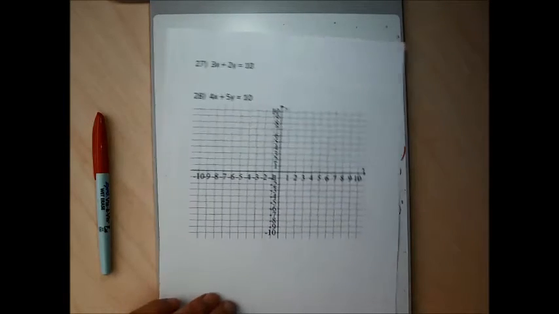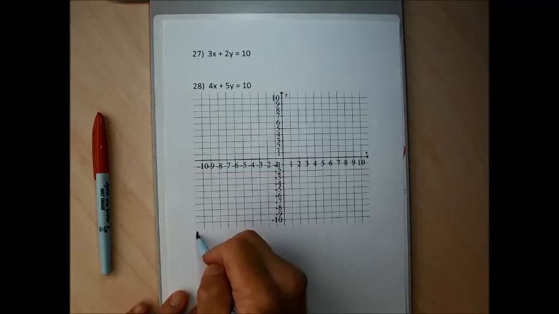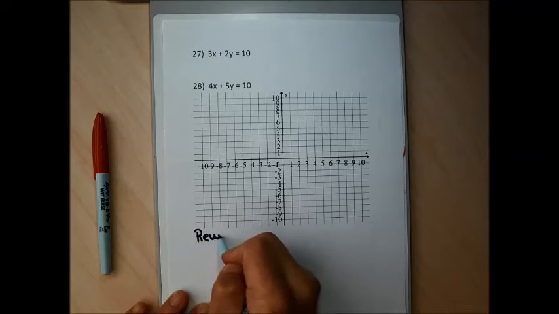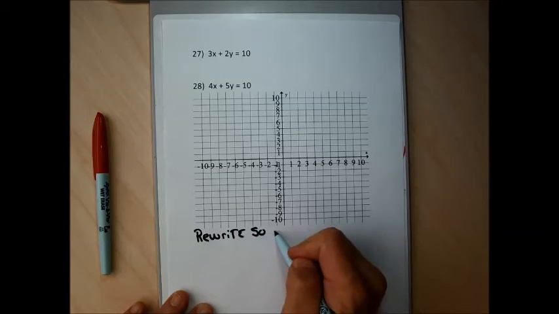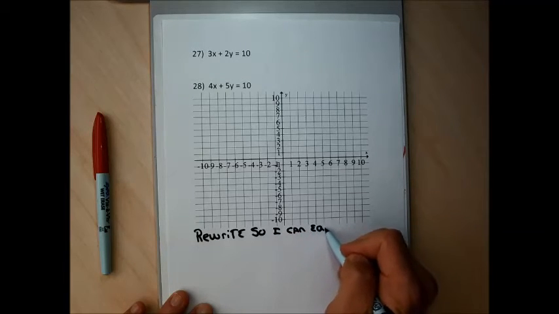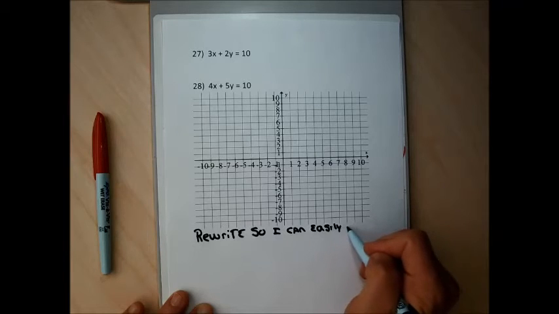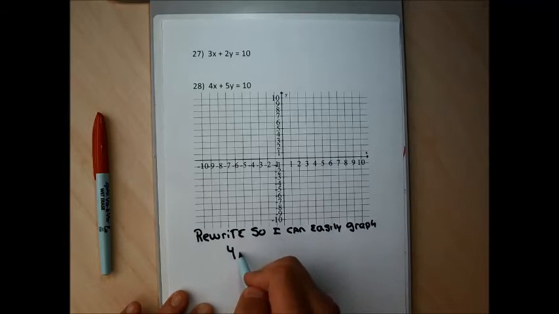27 and 28, as well as 29 and 30, they're not as nice. So let me try to do something better with 28. So for 28, I'm going to rewrite it so I can easily graph it, because in the form it's in, it's not in y equals mx plus b form.